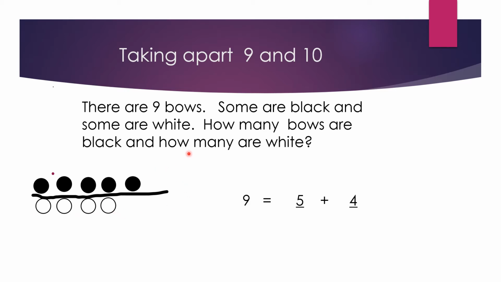In our story, we heard that there were some bows that are black and some that are white. We don't have a number that identifies how many are black and how many are white. So we get to decide how many should be black and how many should be white, kindergarten.